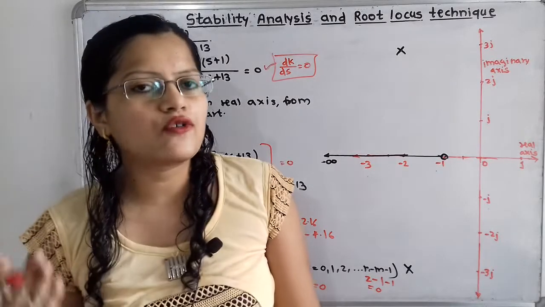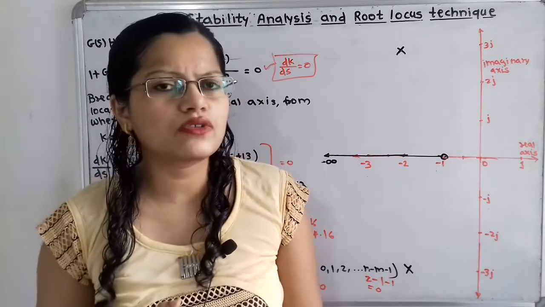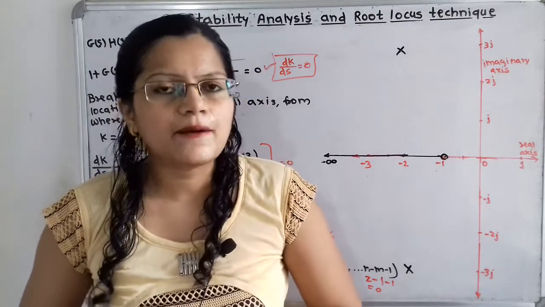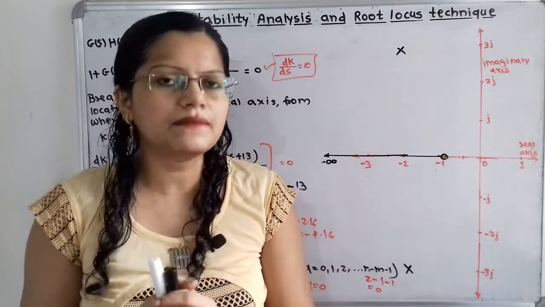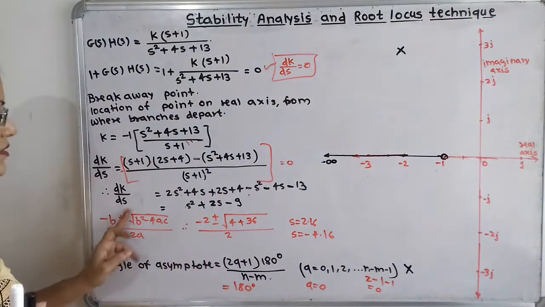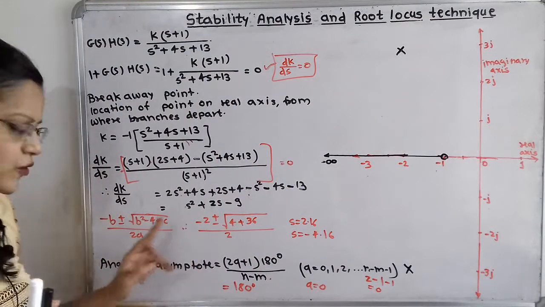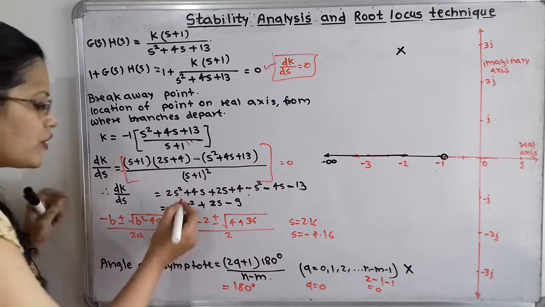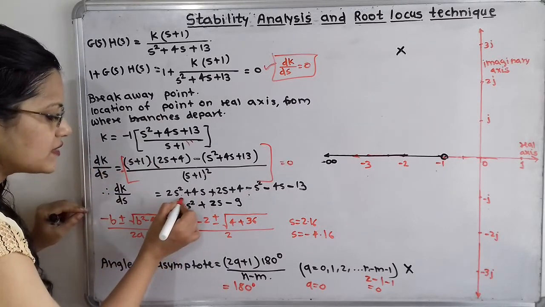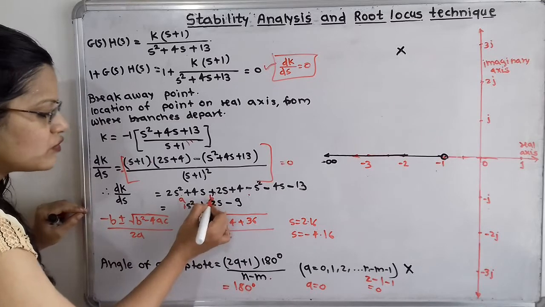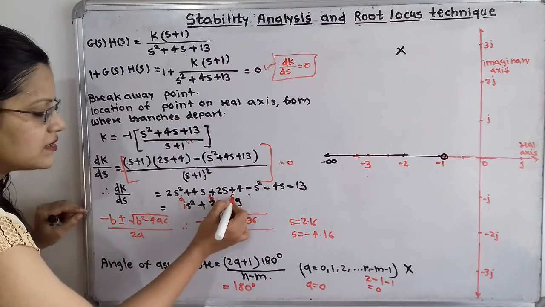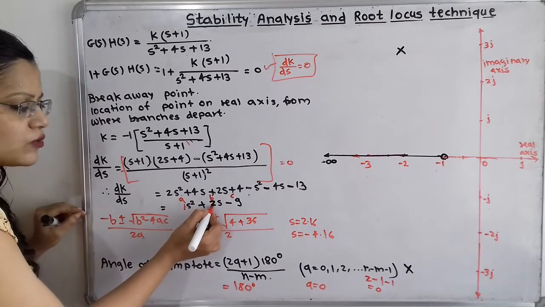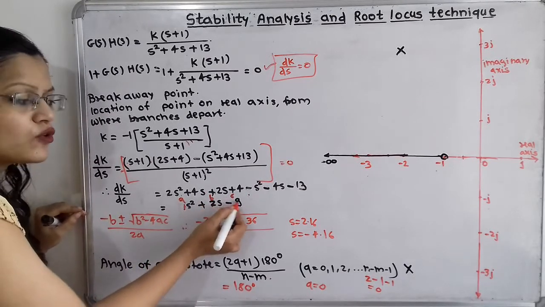Now we will find the roots. How to find the roots? This is a second order equation, so we take minus b plus minus square root of b square minus 4ac, divided by 2a. What are a, b, c? Here a is the coefficient of s square, b is the coefficient of s, and c is the constant value. So a is equal to 1, b is equal to 2 and c is equal to minus 9.